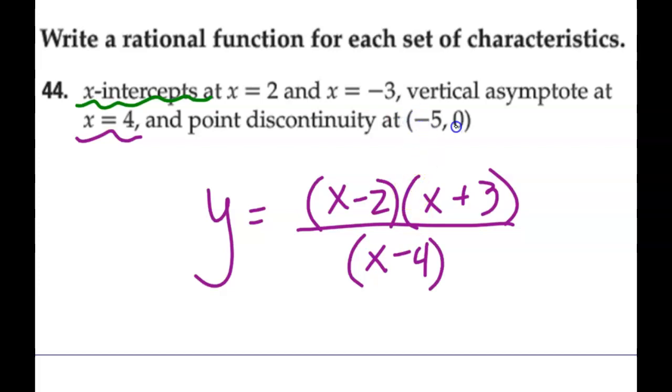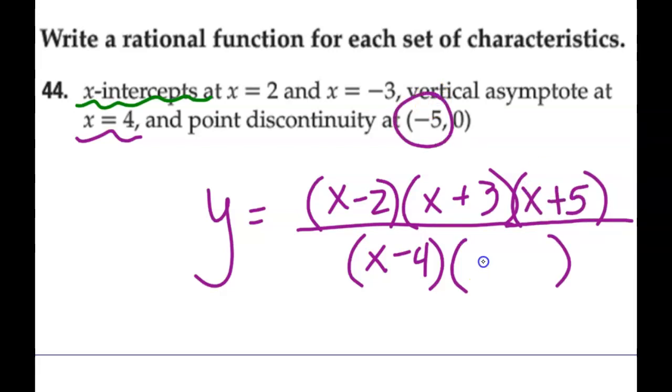Okay, a hole at negative 5, 0. A hole means there's what? Same factor top and bottom, and the x value is negative 5, so I have an x plus 5, x plus 5. Okay. For it to come out 0, we'd have to think about that a little bit.